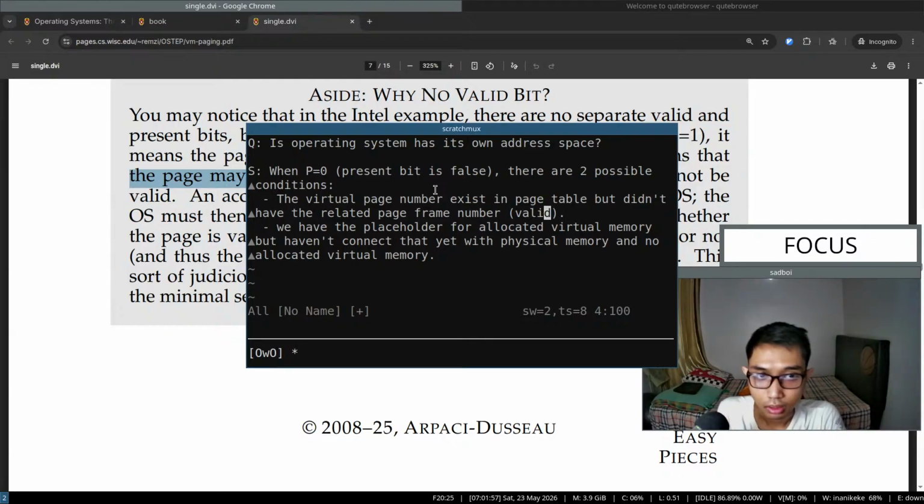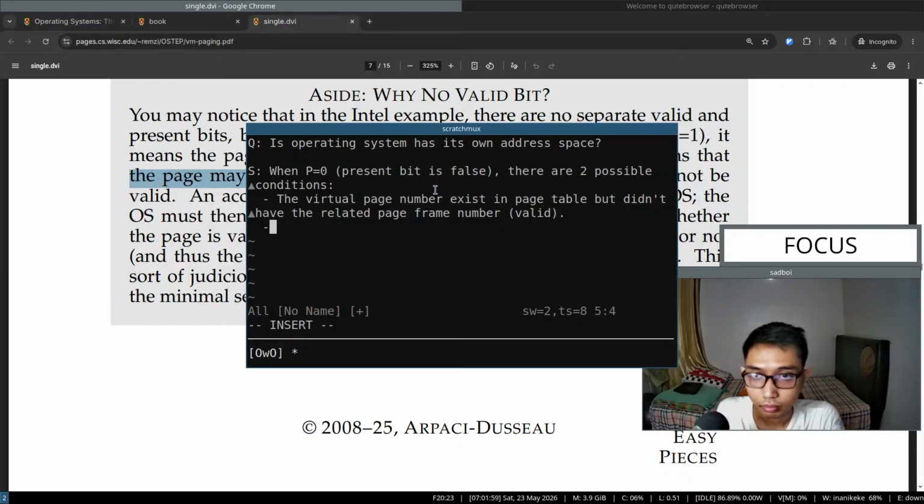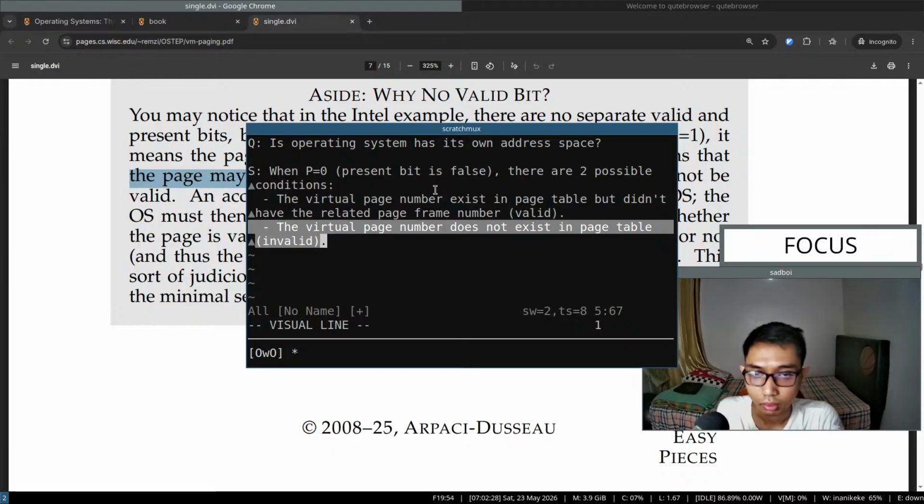This is valid. And then the virtual page number does not exist in the page table. This is invalid. Maybe something like this.